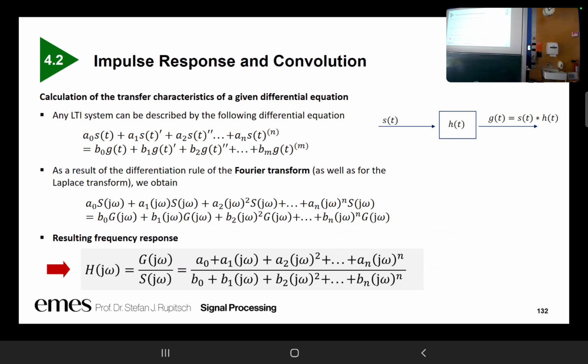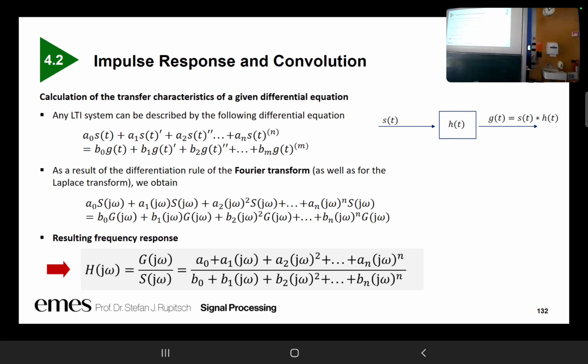It is multiplied with j omega. If we do this twice, with a second order derivative, we have j omega to the power of 2. If we do it 3 times, we have j omega to the power of 3. You have heard this in several other lectures, and this is written here.